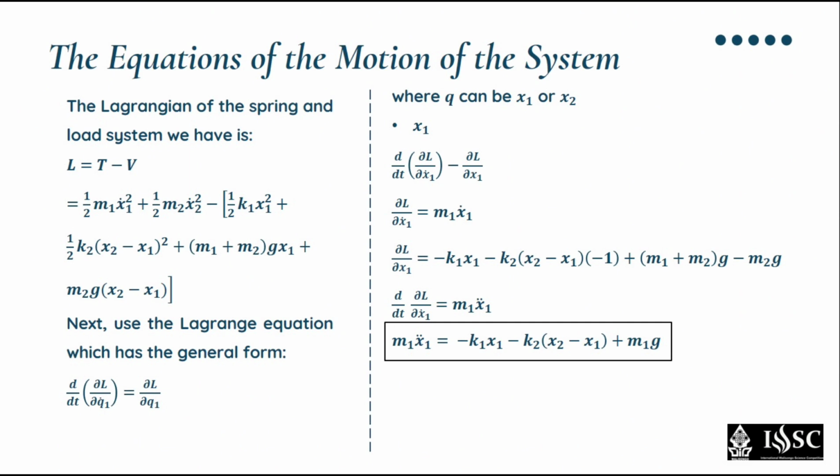So m1 x double dot 1 equals minus k1 x1 plus k2 (x2 minus x1) plus m1 g.